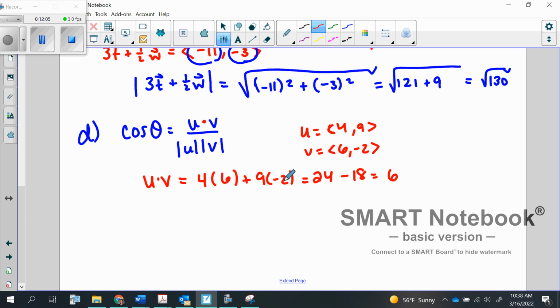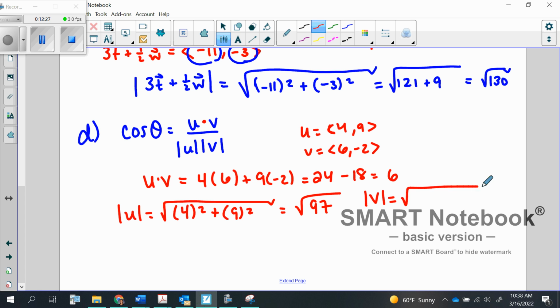Okay, and then I'm going to find the magnitude of U. 4 squared plus 9 squared. So that would be the square root of 16 plus 81, which is going to give me a square root of 97. And then I'll find the magnitude of V. 6 squared plus negative 2 squared.